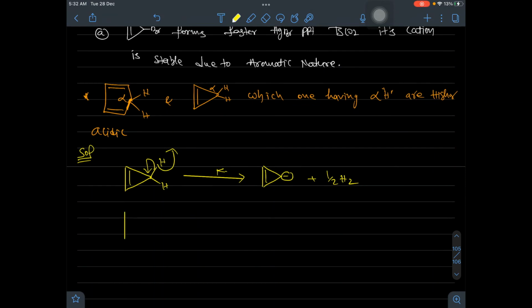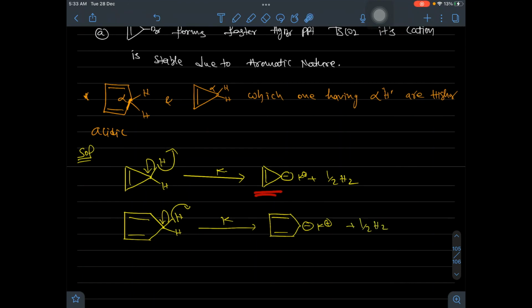Similarly, cyclopentadiene: the alpha carbon also loses H plus ion by leaving sigma electrons on the cyclic compound in the presence of an alkali metal. After forming this anion, plus half H2 gas, you should check the stability of this anion.